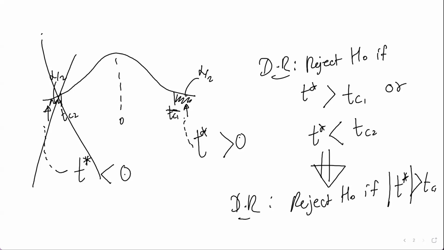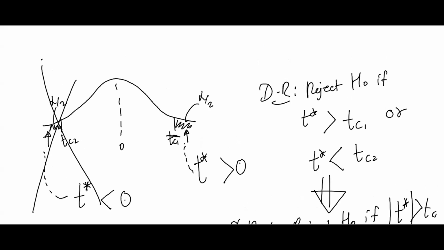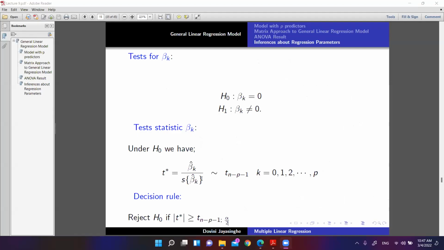This is the idea, because there are so many hypotheses that we are checking, and I know it is hard to remember all of those. If we can construct something like this, that is easy. Okay, so that is why they have given the decision rule like this. We reject it because we are checking one at a time.